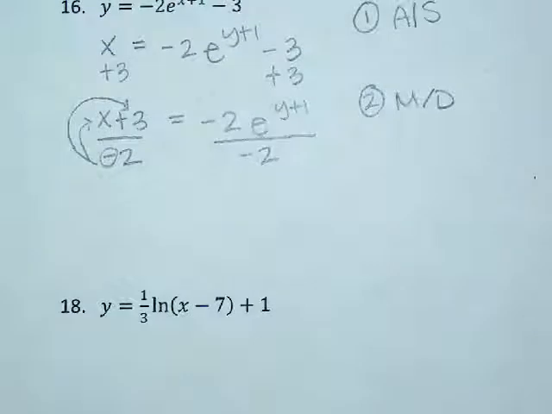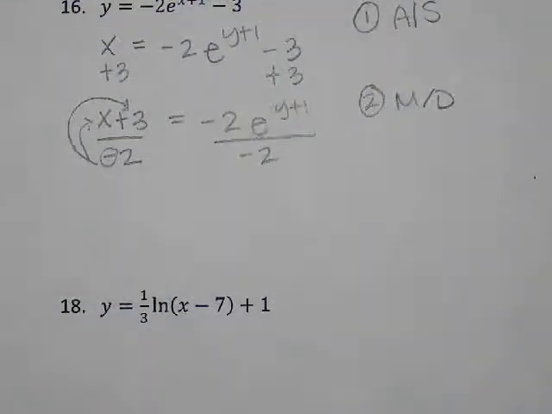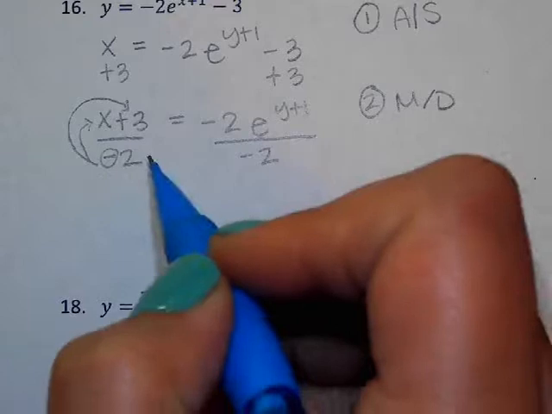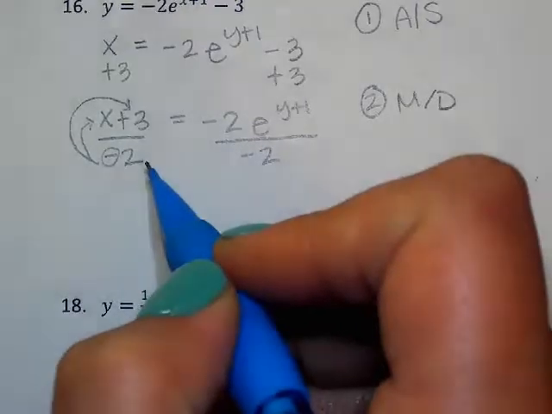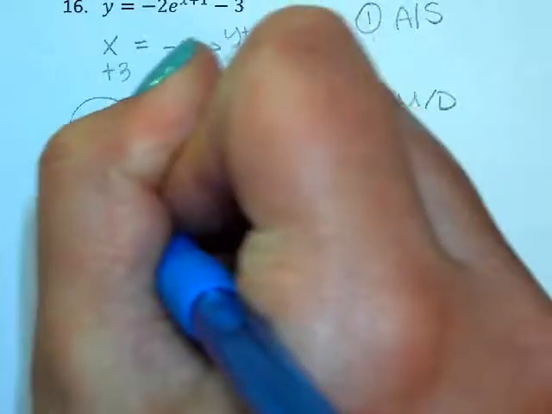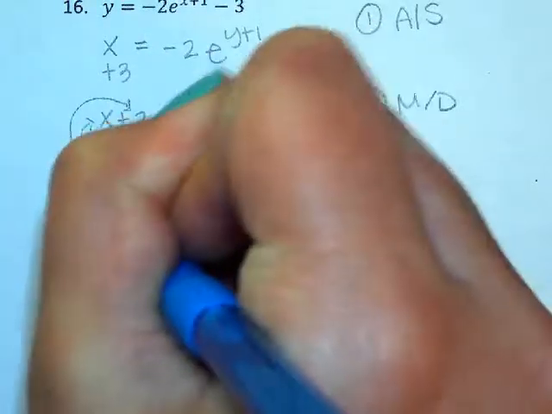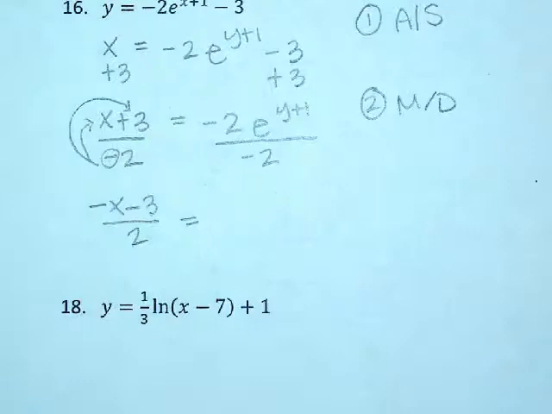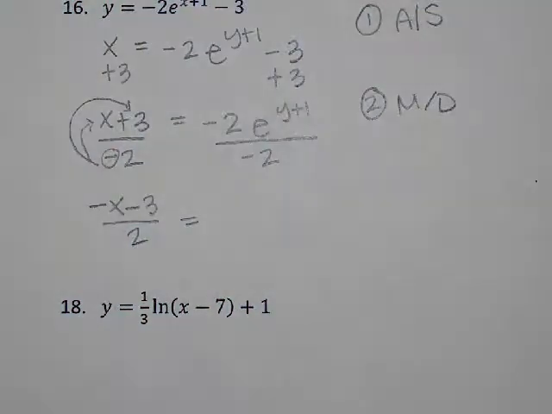It's not wrong to leave it on the bottom, it's just uncommon. So if I distribute it to the top, I get negative x minus 3 and then a positive 2 on the bottom.